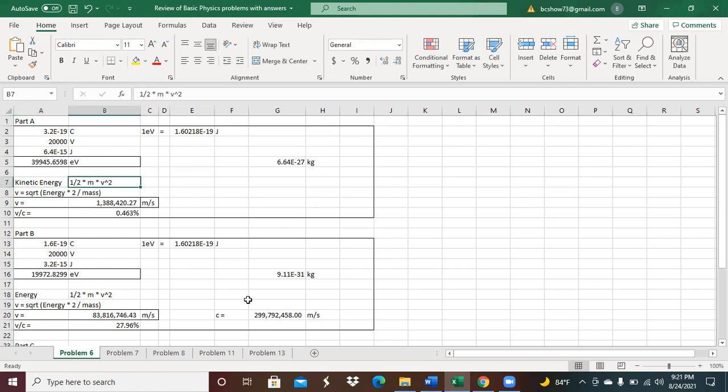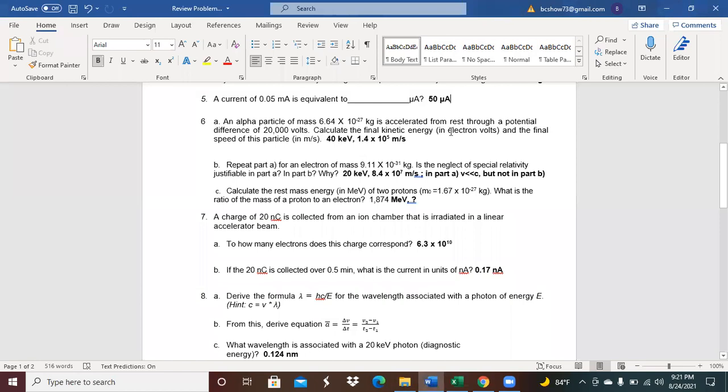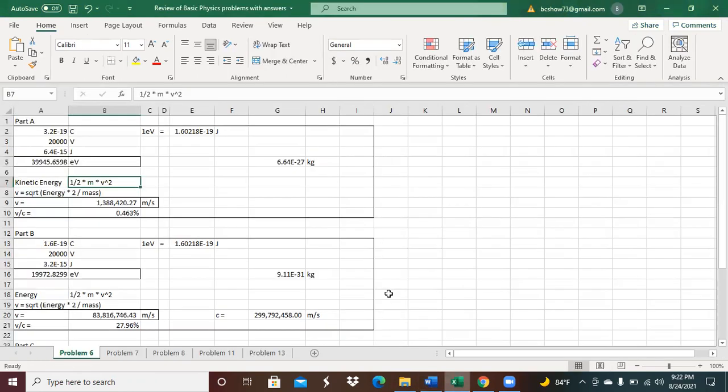So this is the kinetic energy, and we're not looking at the rest mass or anything of that sort. We're just looking at the kinetic energy, and that's what this is going to be related to. So I know that the kinetic energy is going to be equal to 1/2 mv squared. I know that this is the energy that we've got right here.